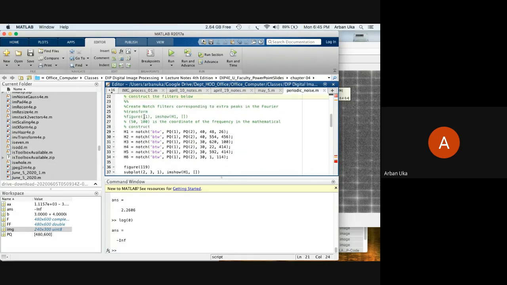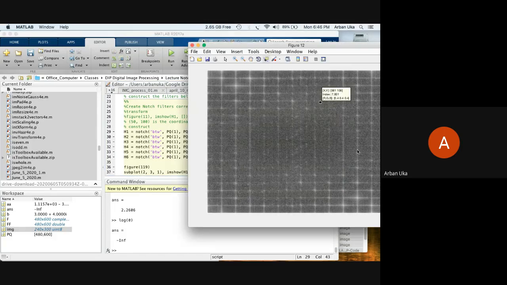I don't remember exactly where these values are, but I believe this is the width of the function, 40, the width in the Fourier domain, and these two coordinates are where the notch filter should be applied.